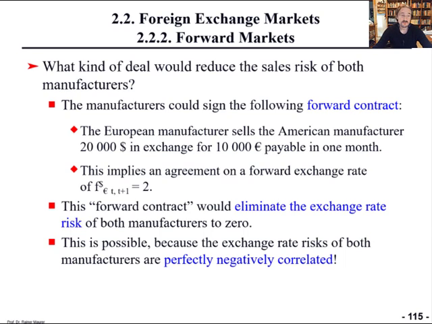We have already seen that under such a condition, if there is perfectly negative correlation of returns, a perfect hedge is possible, when we discussed the hedging effect at the beginning of this chapter. So here we have in fact such a situation, and the forward contract can be interpreted as a portfolio that is formed by both manufacturers.